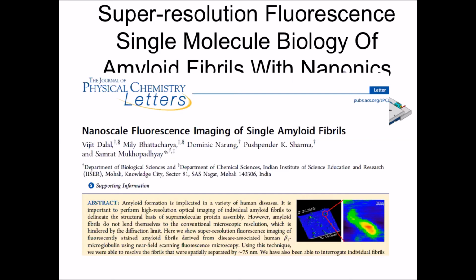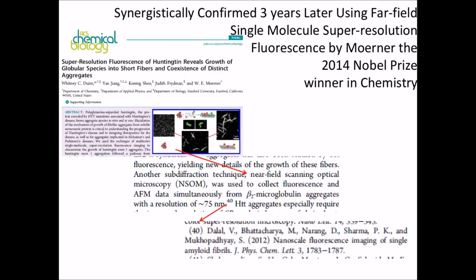Okay. So this is a paper on amyloid fibers, where people studied with our system the distance between amyloid fibers that are very important in Alzheimer's. And they measured that the two fibers are separated by 75 nanometers. Okay? Now, what's very exciting is that 3 years later, using PALM, remember that technique PALM that I mentioned to you?